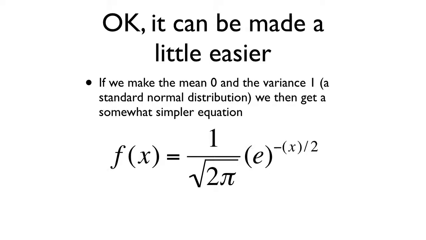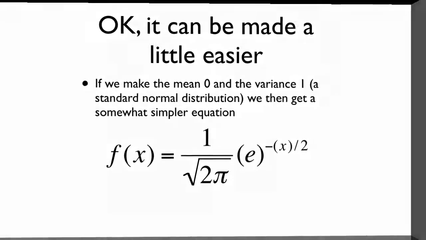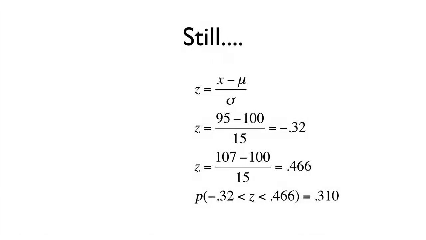So it is easier looking, right? Because we've taken the variance and the standard deviation and made it 1, we've taken mu and made it 0. That's a little easier. You can see it's a simpler equation. Still, it's not super easy.